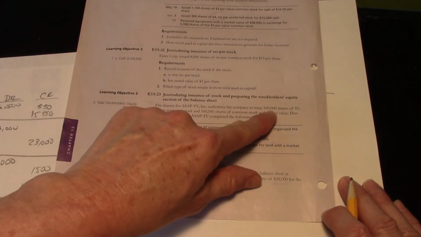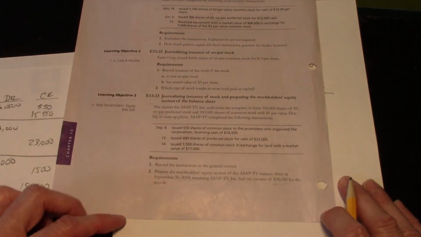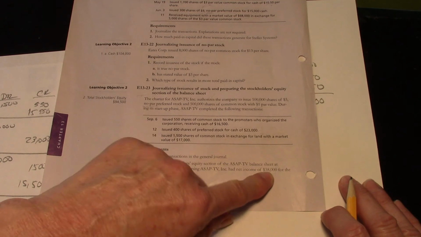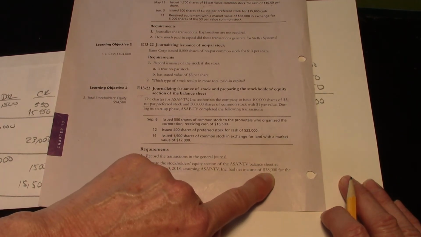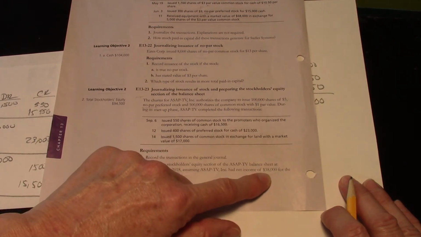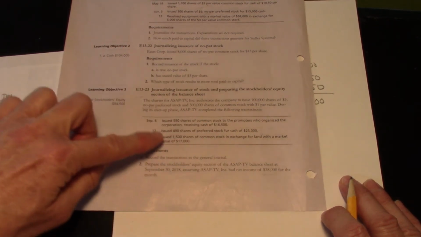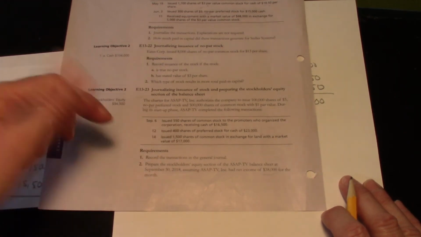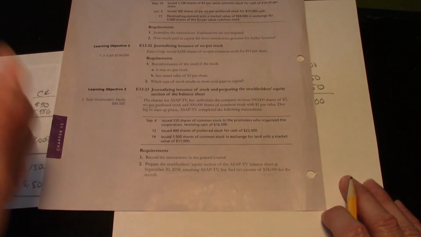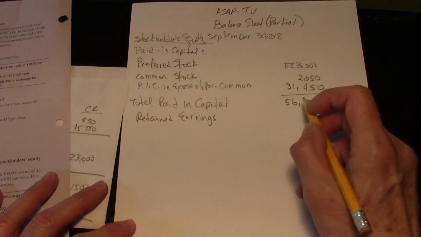Their charter started this year, so they don't have any old retained earnings, so that's 0. They do have net income of 38,000. So we add that. 0 plus 38,000 is 38,000. And they didn't issue any dividends, right? If they had done an equity transaction for dividends, we would have known about that, but they didn't. So retained earnings is just 38,000.